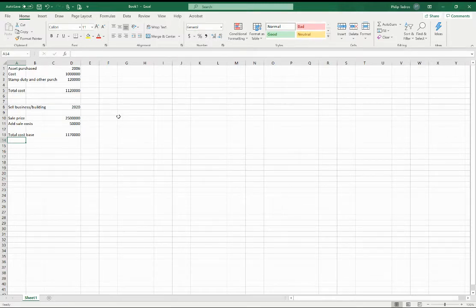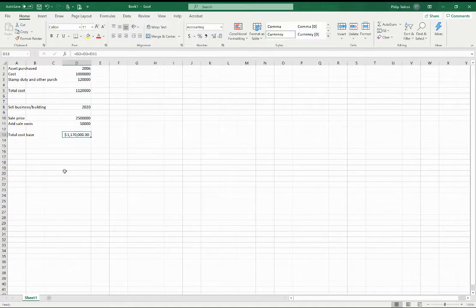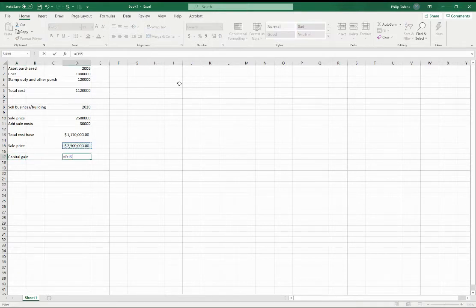So you now have a total cost base of, we'll make the number easy for you to read, $1,170,000. Sale price remains the same at $2,500,000. Now, in simple terms, the capital gain on this is your sale price minus the cost base, which is $1,330,000.